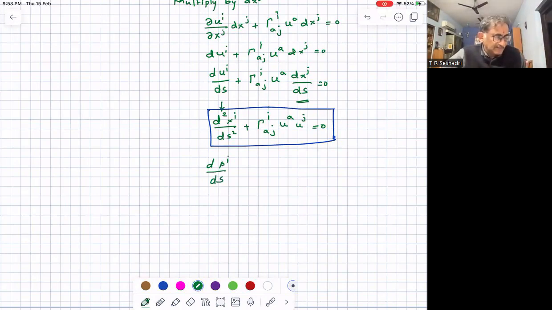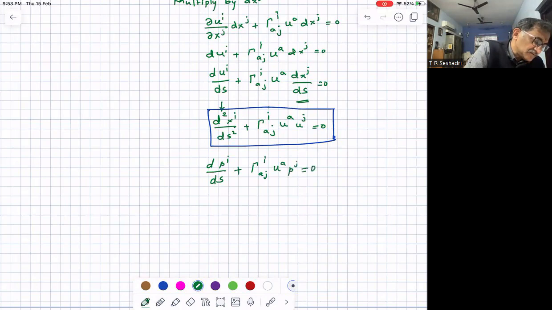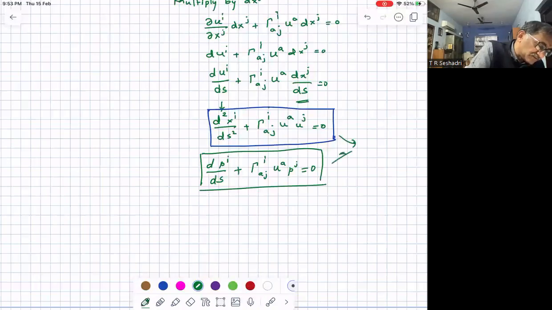This is the proper rate of change of momentum, plus Γ^i_{aj} u^a p^j equal to 0. Now, this is the geodesic equation. This is the geodesic equation for a particle in a pure gravitational field, in a curved space-time. I'll come to the gravitational field later.